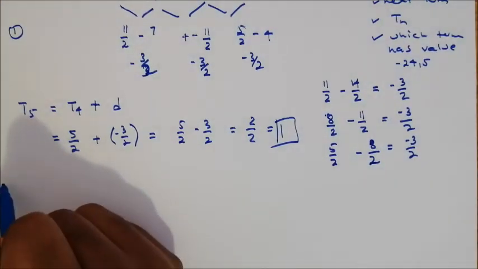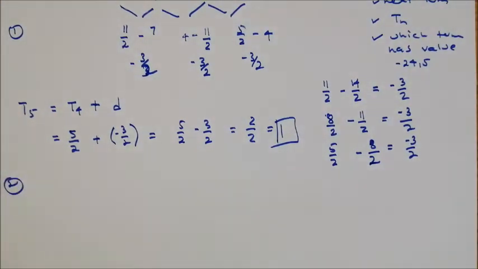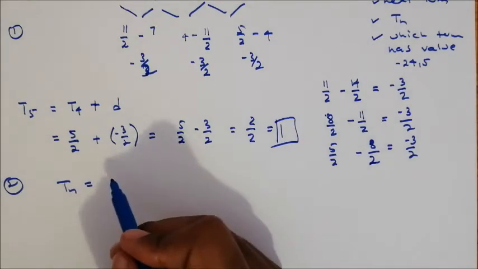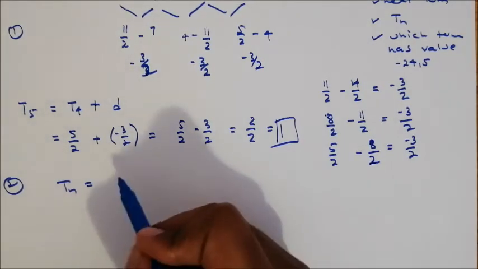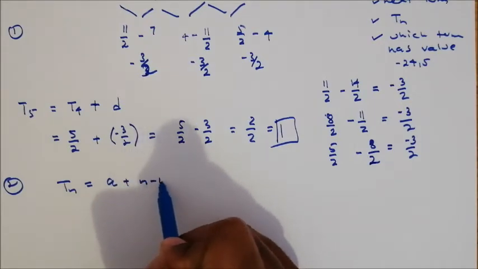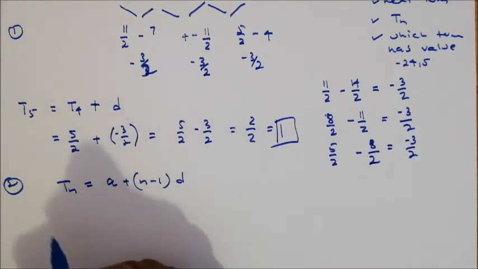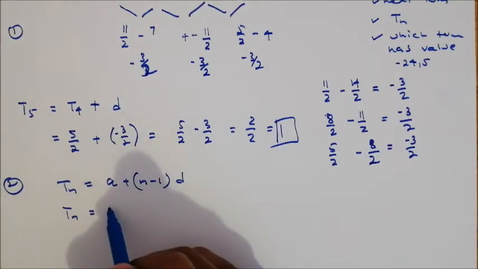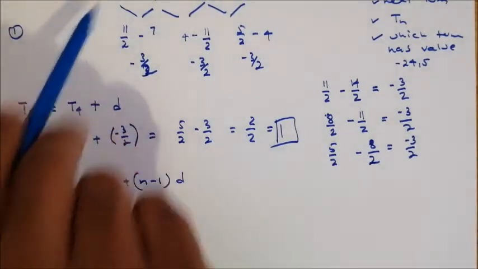Okay, cool. So for the second thing they ask us to find, we need to find Tn. So we know that Tn is the general term that we derived in the second video of this series. Tn is a plus n minus 1 times d, right? So Tn is equal to, what is a? a is the first term, right?